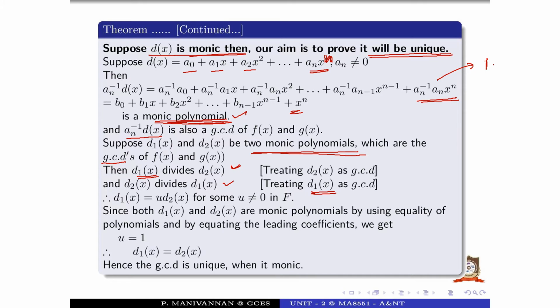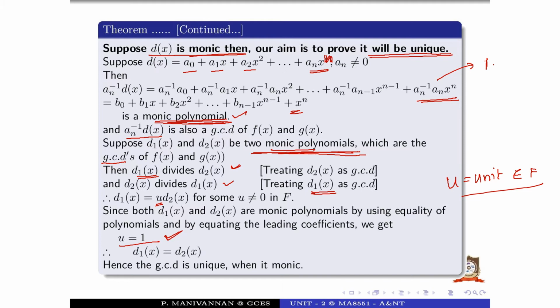Therefore, these two are only possible when d1 equal to u into d2. What is u here? U is the multiplicative identity, that means unity of F. Since both d1 of x and d2 of x are monic polynomials, u equal to 1.